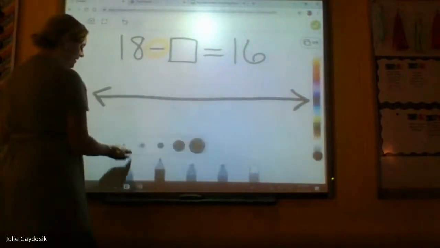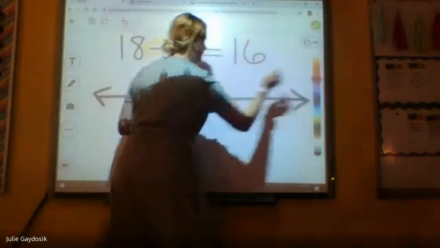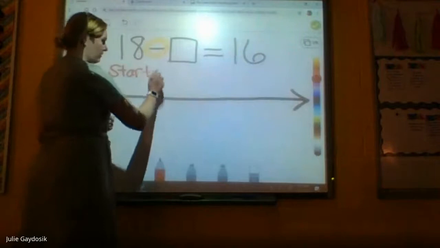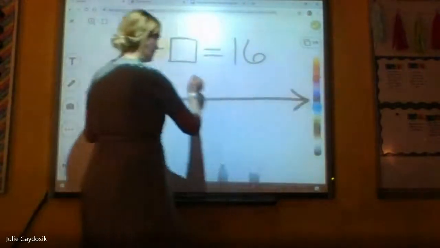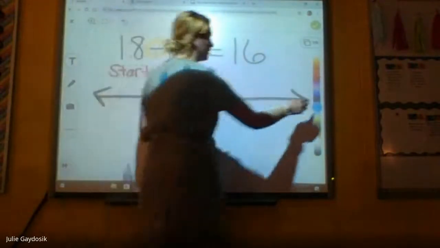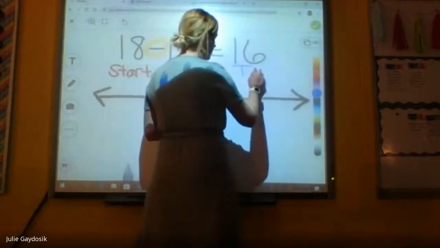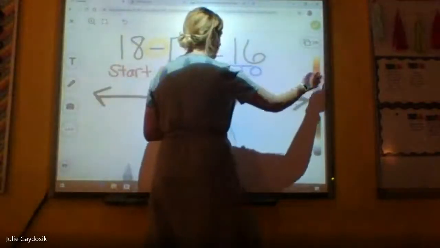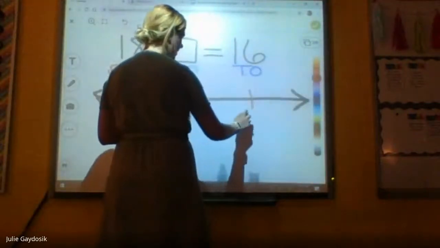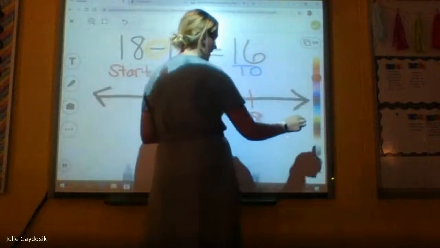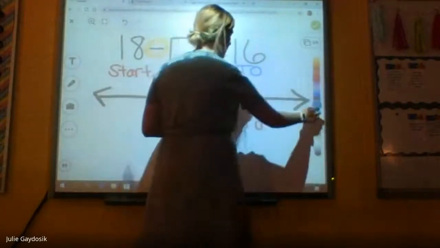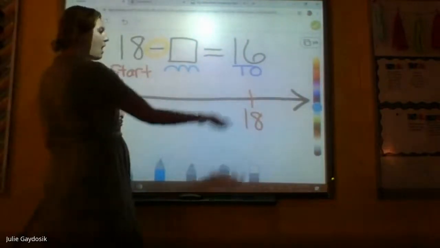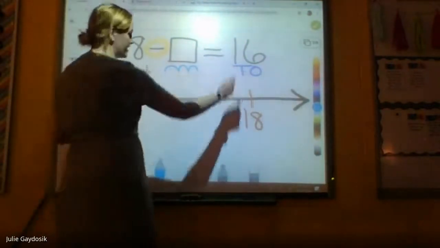These are the hops you do. And this is where you're going to. So we're going to start over here because you're subtracting from 18, okay? Then we're going to count and hop till we get to 16.